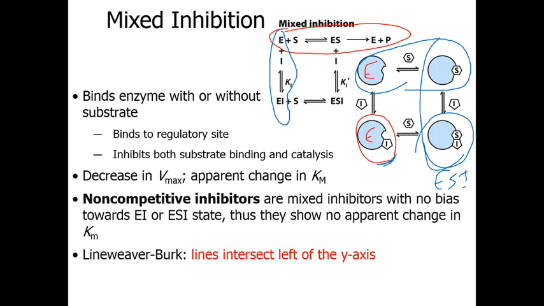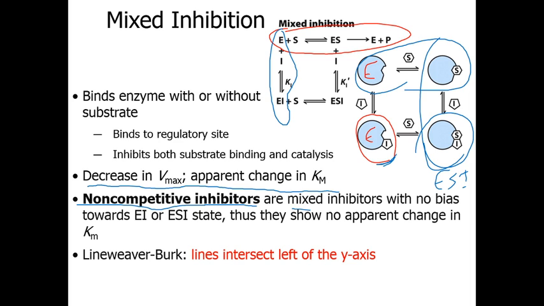Now, a characteristic of this mixed inhibition is that there is a decrease in Vmax and an apparent change in Km. So mixed inhibition is like a combination of competitive and uncompetitive inhibition. A special case of mixed inhibition is called non-competitive inhibition, and inhibitors that follow it are called non-competitive inhibitors.